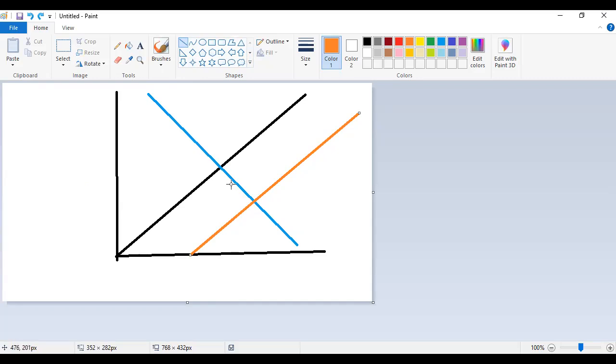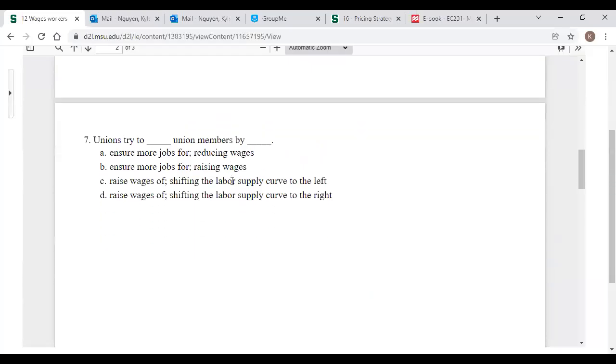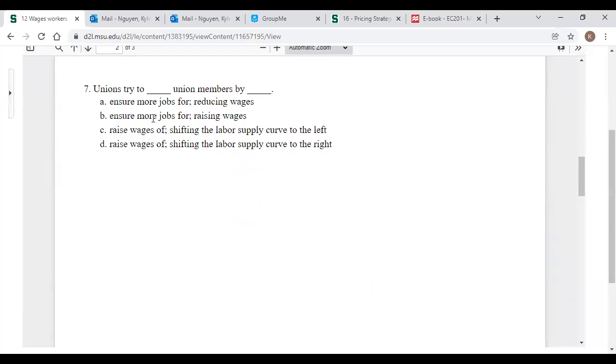So that's not how raising wages works. If you increase the amount of people working in a market, then firms are going to be comfortable paying less because there's plenty of other people who would take your job. And also, unions just don't try to ensure more jobs. They try to raise wages. That's what unions are for.